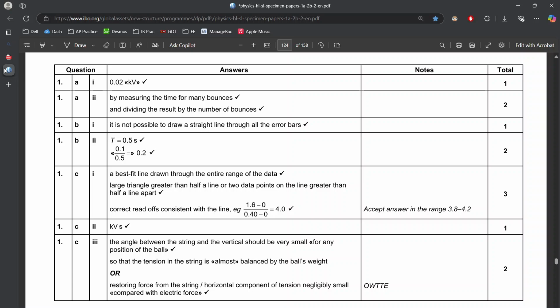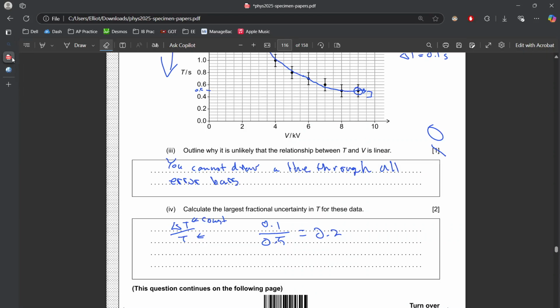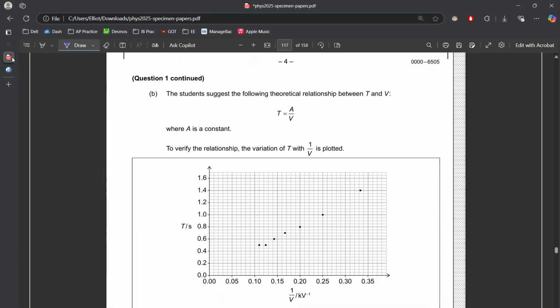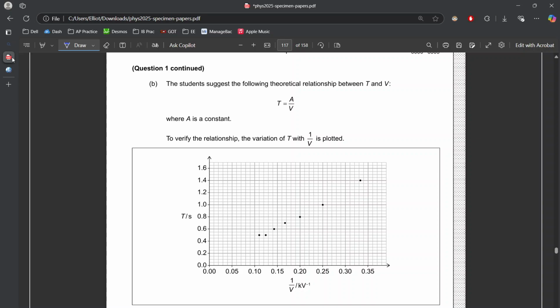There you go. Oh, and you needed 2, so you need to outline that this is the one you're choosing. T is equal to 0.5 seconds. Okay, alright. I kind of stumbled through that one, but we got there eventually.